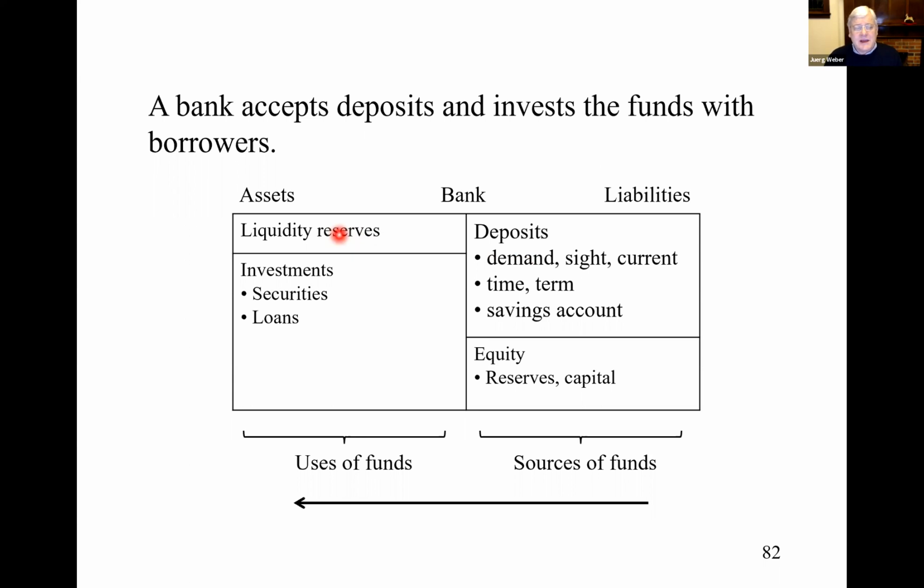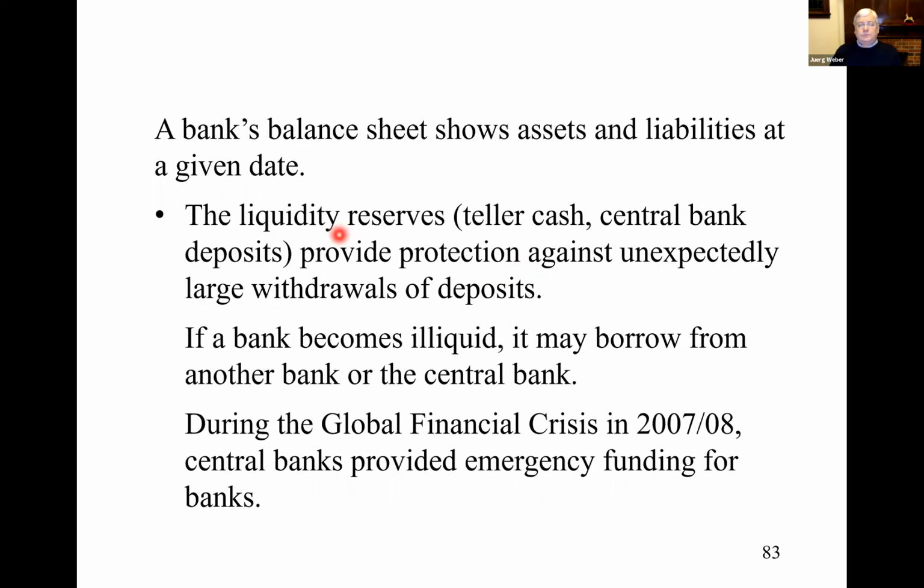So here the bank has some cash items. The liquidity reserves are the teller cash of the bank. The bank has some banknotes and coins for teller services in the branch offices.